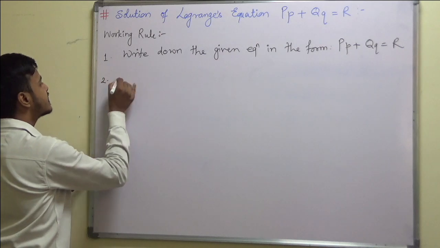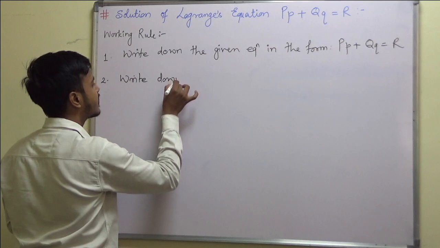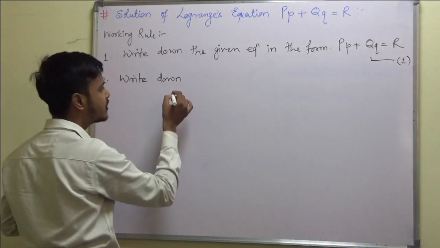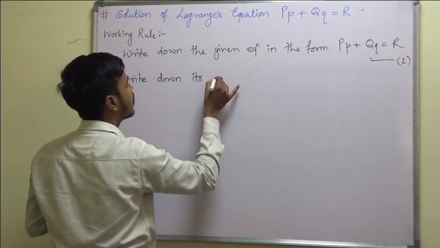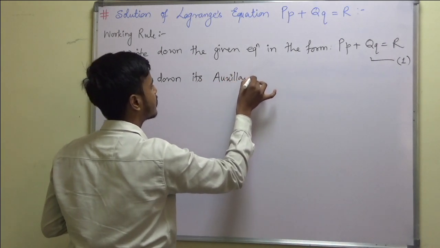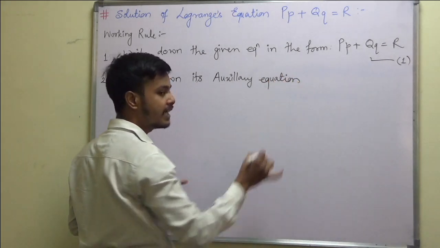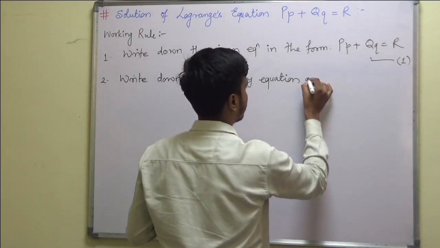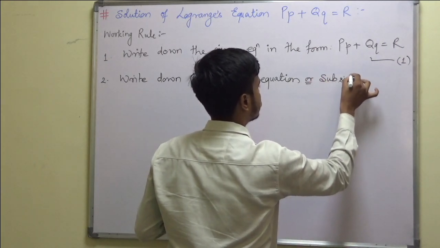Step number 2 says, say this is my equation number 1, write down its auxiliary equation. The other name of this auxiliary equation is subsidiary equation.